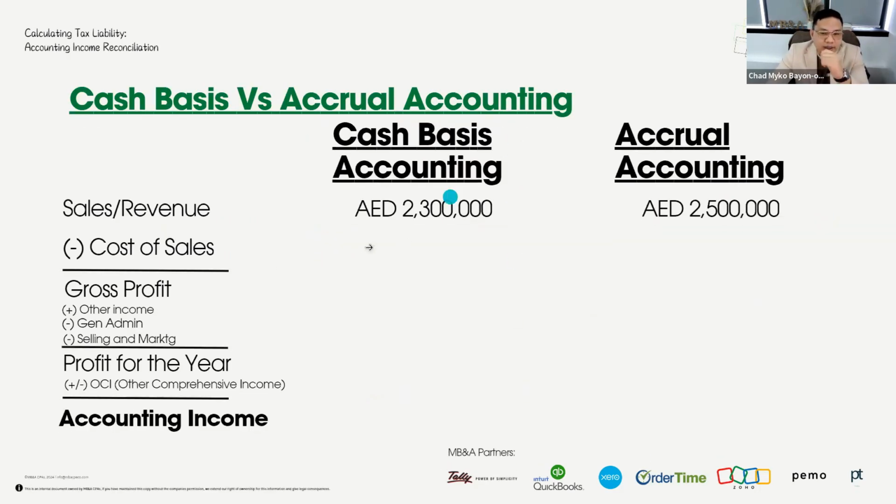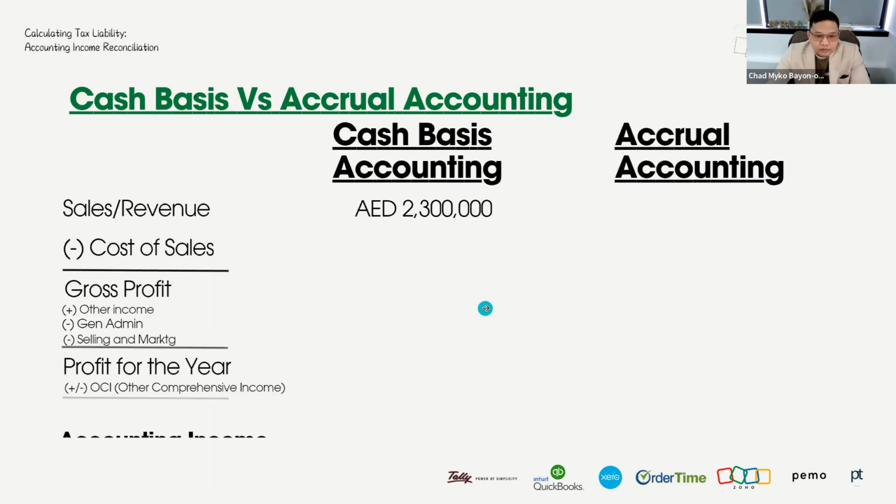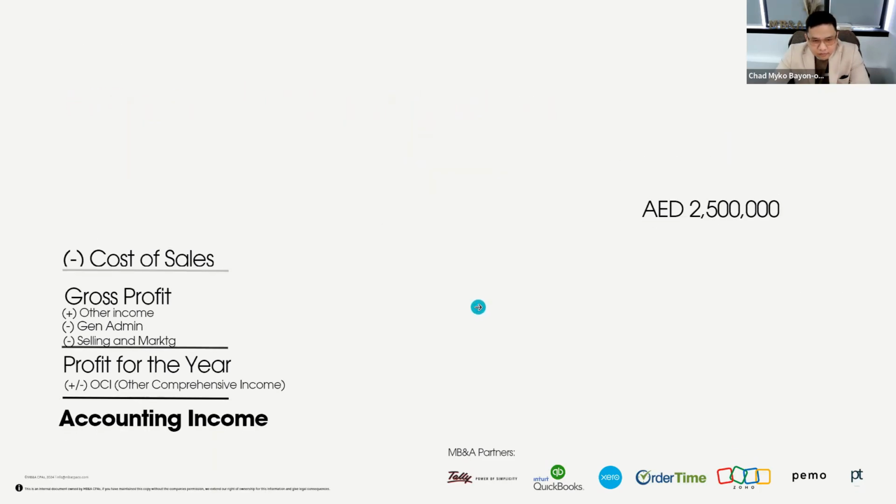Okay. So cash basis accounting, revenue, 2.3. Accrual accounting, 2.5. Okay.